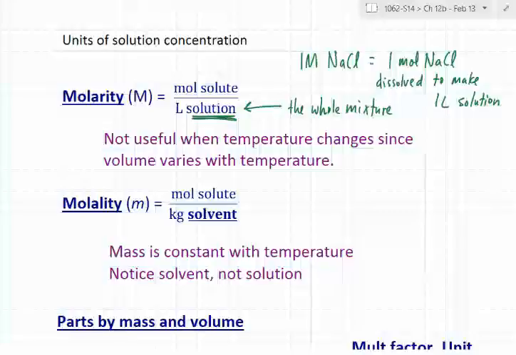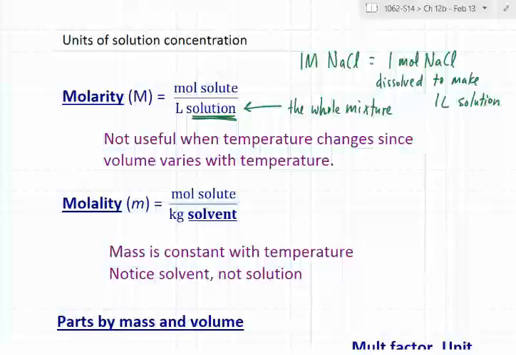The molecules are moving faster, so it spreads out a little bit. Now you have a lower molarity because you have the same moles dissolved in a greater solution volume. So that's a problem when we're doing calculations that involve a temperature change, because which molarity do you use? Before or after?